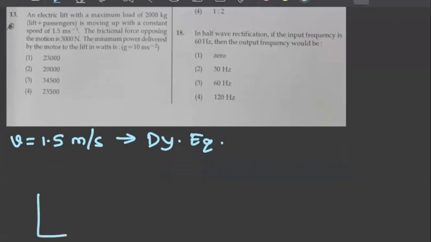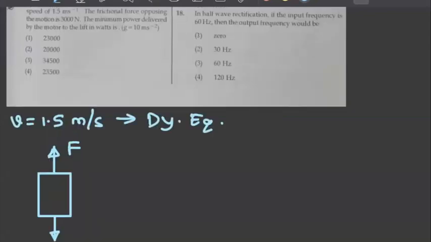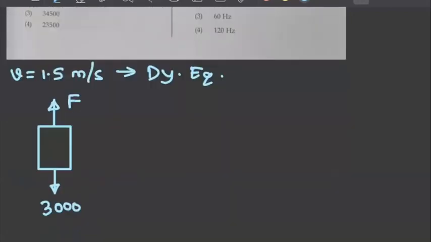So let's draw a simple FBD. The lift is moving up. So there is a force, let's say F, which is pulling the lift up, and there is an opposing force of 3000 newtons.